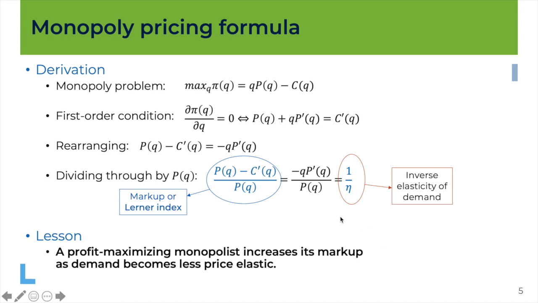Okay, and as we've already discussed, and as you know, in a perfectly competitive market, firms don't have any market power. The price is equal to the marginal cost, and this means that the ratio here, the markup, is equal to 0. This corresponds to a demand that each firm faces, which is infinitely elastic, meaning that consumers react extremely sensitively to any price increase by any firm on the market.